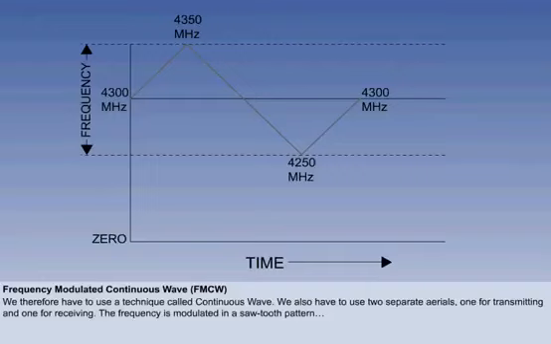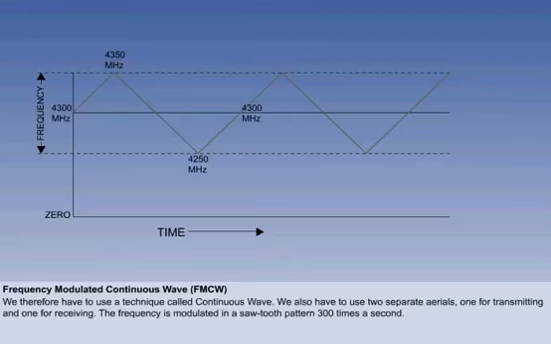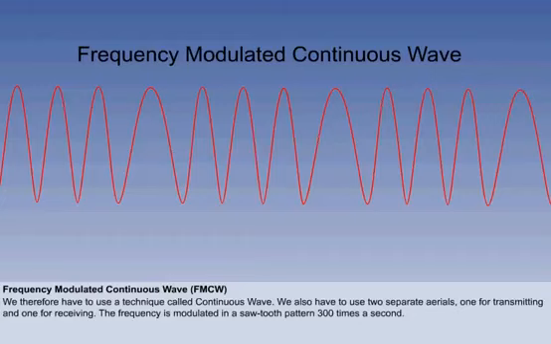This is called one cycle of the frequency modulation, and it repeats itself in a continuous pattern. There are 300 of these cycles every second. With this type of modulation, we have a continuously changing characteristic of the transmitted signal, and therefore we have something to compare the received signal against and to measure the time difference. We'll now see how this is done.